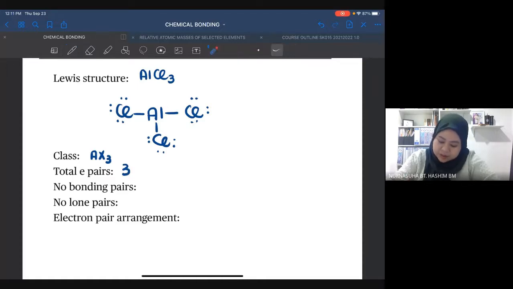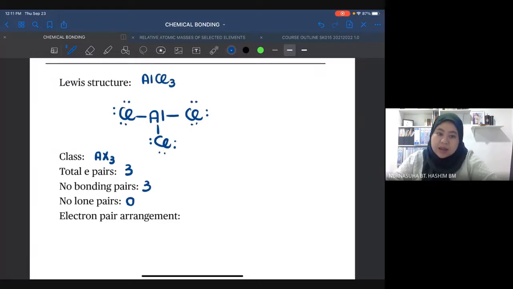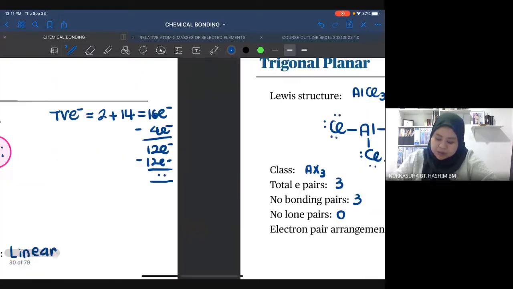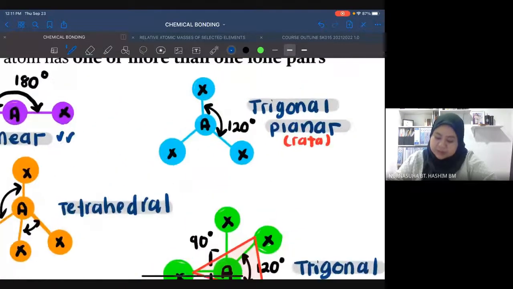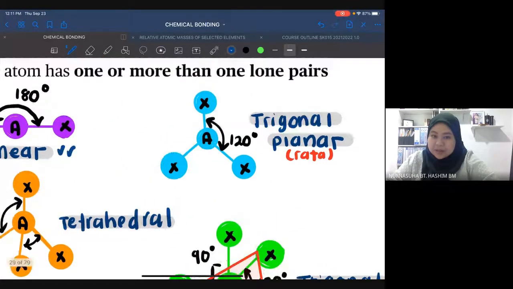Okay, kenapa 3? 1, 2, 3. Okay, so berapa banyak bonding pair? So kiralah covalent bond dia 1, 2, 3. So basically bonding pair 3. Lone pair tidak ada. So letak kosong lah. So kalau AX3, the shape is Trigonal Planar.